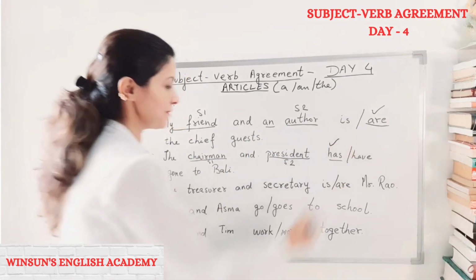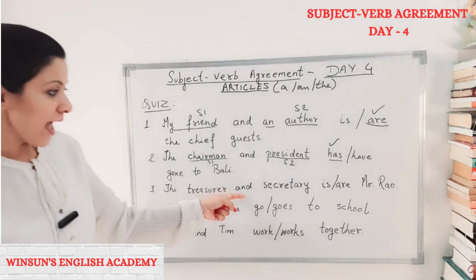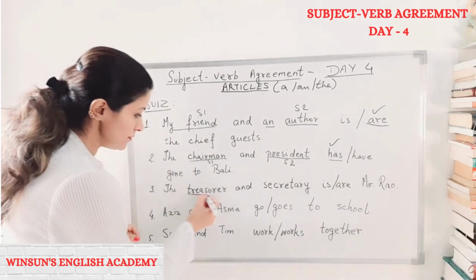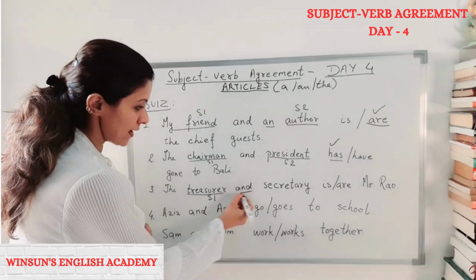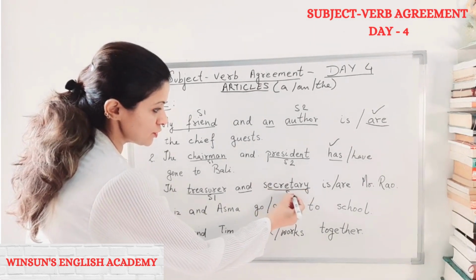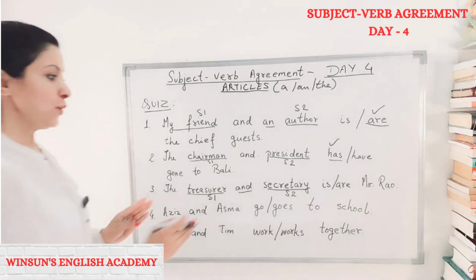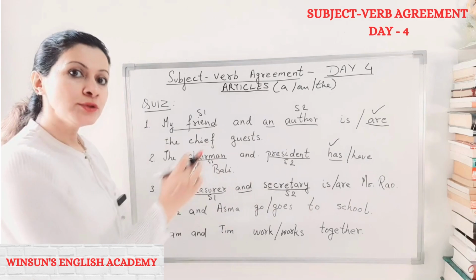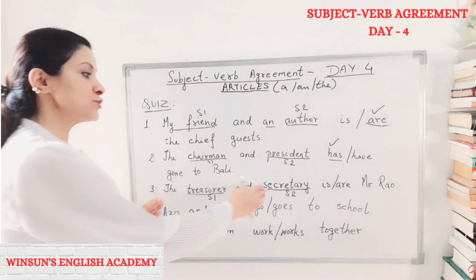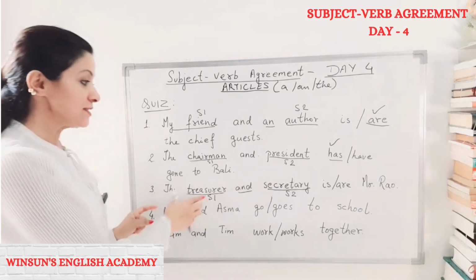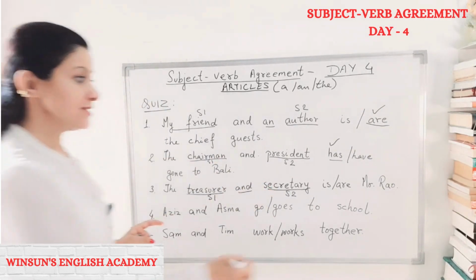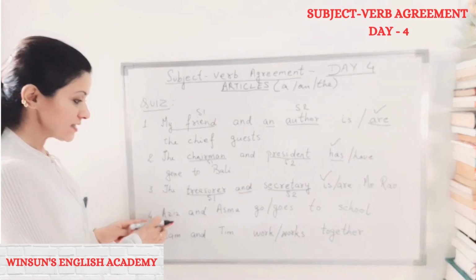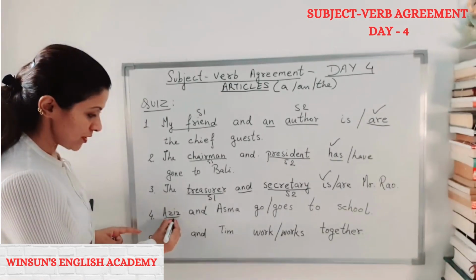Has, singular. The treasurer and secretary is or are Mr. Rao. The treasurer, subject 1, and secretary, subject 2. Just check whether we have an article between these two or not. Do we have an article? No, which means we are referring to the same person. So the same person, one person, is Mr. Rao. Okay, now Aziz and Asma, proper names.